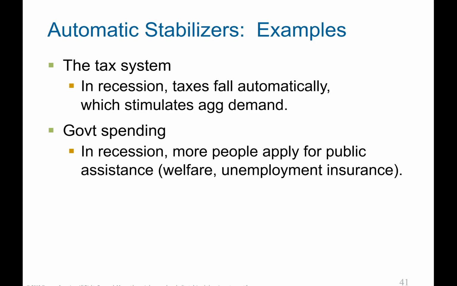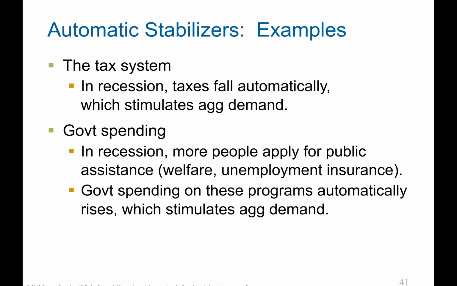Government spending. There are certain things in the government budgets that affect the ongoing programs, I should say, that affect government spending. So in times of recession, more people are going to be looking for public assistance, and that's going to increase the government spending on those things. Now, this is not part of that G. This is not government expenditures.